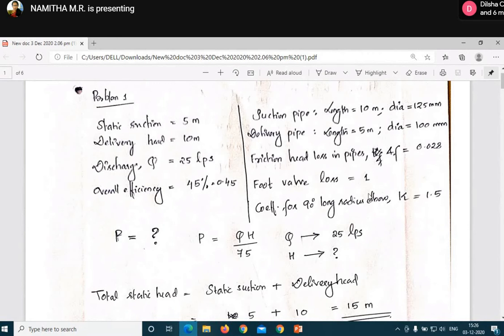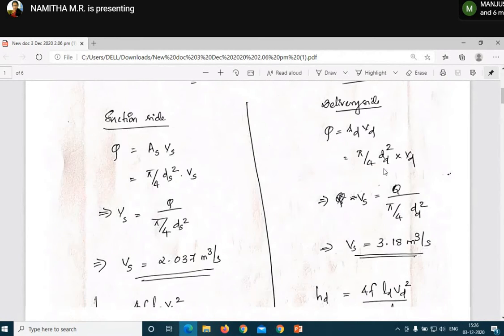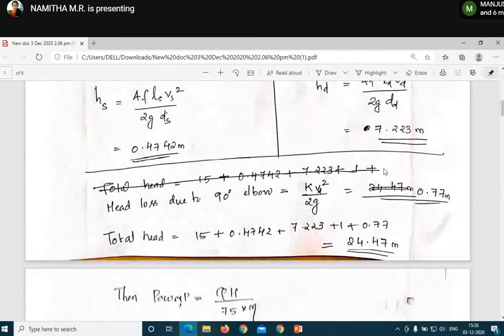Here the loss for the foot valve is given directly as 1, so that is accounted directly. Another loss is the 90-degree long radius elbow. For a 90-degree bend, do you remember the equation we found? The equation for a 90-degree bend was kv square divided by 2g.